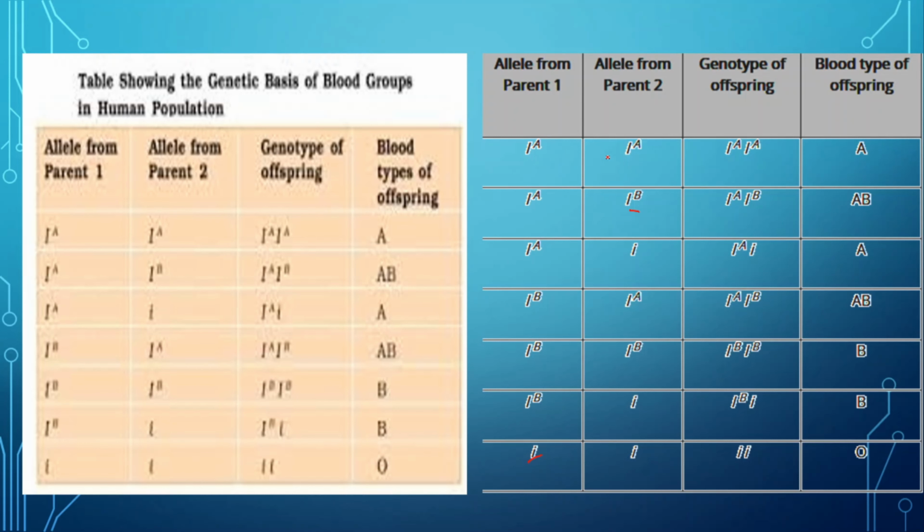First, when IA is there, then the blood group will be A. If IA with small i, then again blood group is A. If IB with small i, then the blood group is B. IB with IB, then also blood group is B, because small i is recessive.